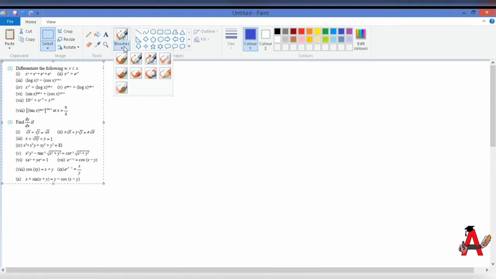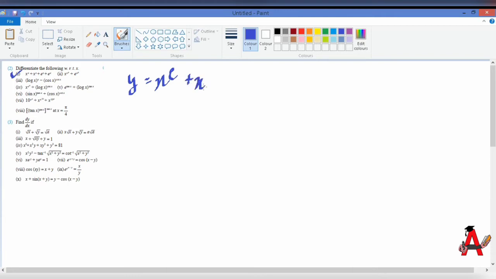Now let's start with one of the questions of this. In the second question, there is a mixture of log with a plus. So here, let me take a simple example of one question. I will take the first one. Here y is equal to x raised to e plus x raised to x plus e raised to x plus e raised to e.